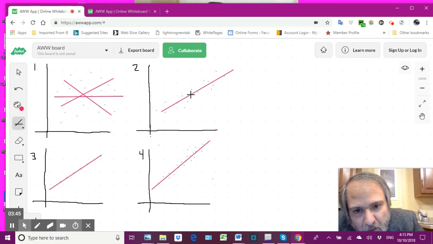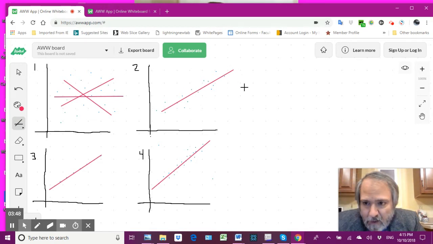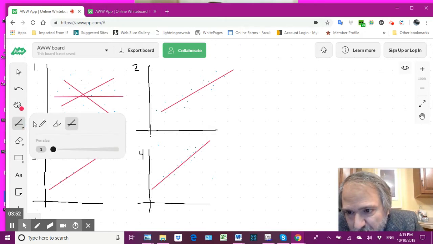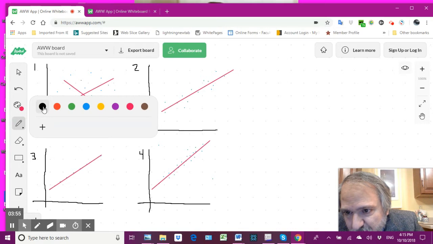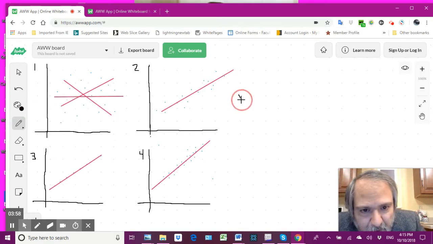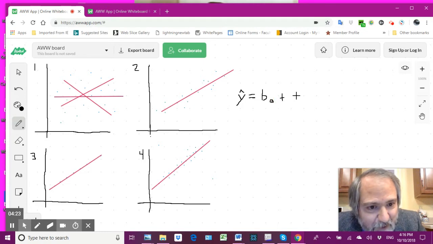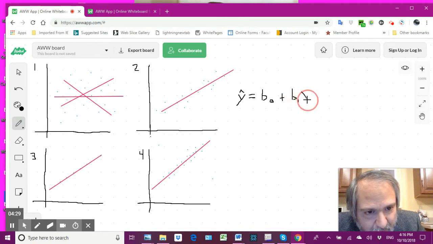Now I would create a model, and the model might be something on the order of, let me change my color here, the typical model would be Y, we call this Y hat, a little caret over it, and this would equal, say, B sub 0, that's supposed to be a 0, really, use your imagination, plus, say, B sub 1 x.